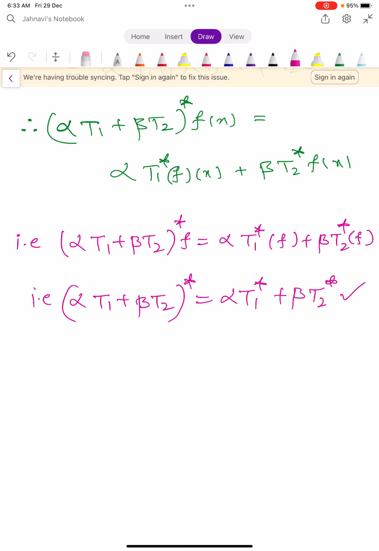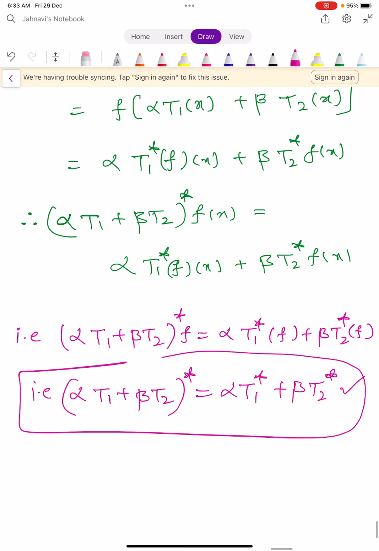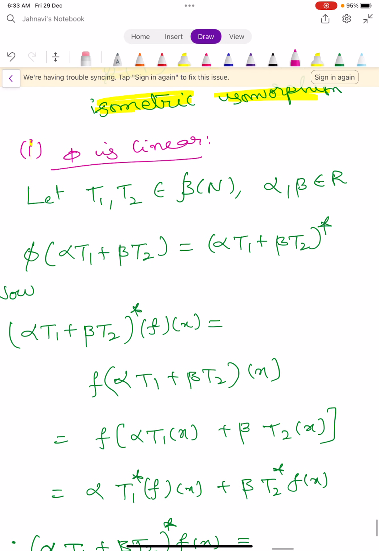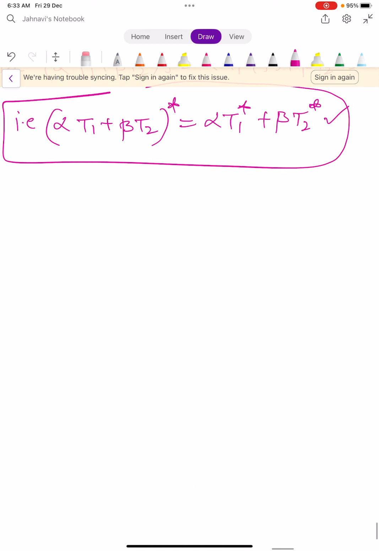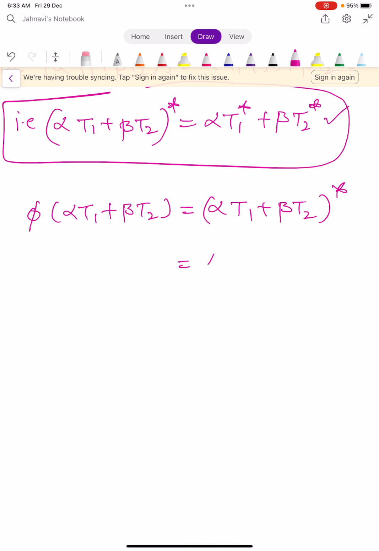Using this identity here, you can conclude like this: pi of (alpha t1 plus beta t2) is equal to (alpha t1 plus beta t2) star, which is equal to alpha t1 star plus beta t2 star, which is equal to alpha pi of t1 plus beta pi of t2.